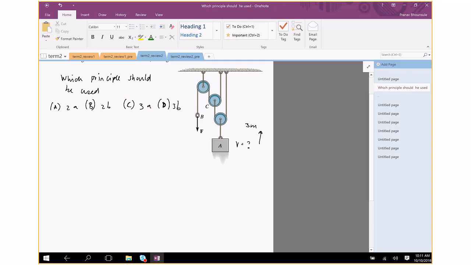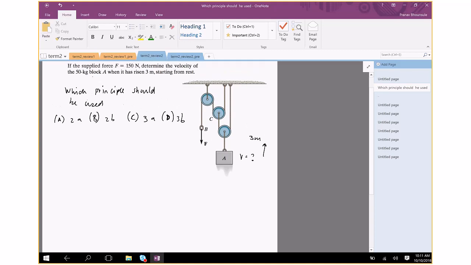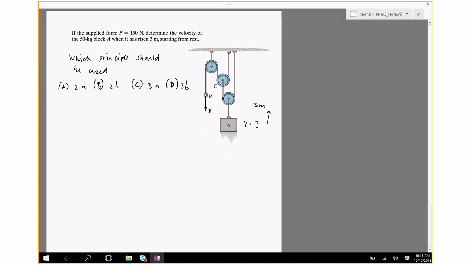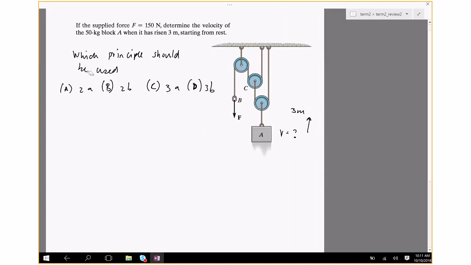Okay, so use iClicker to poll your answer. Is it A, B, C, or D? The question is this, and you've got to identify which principle should be used.